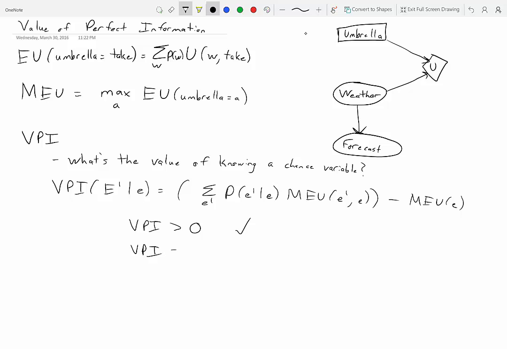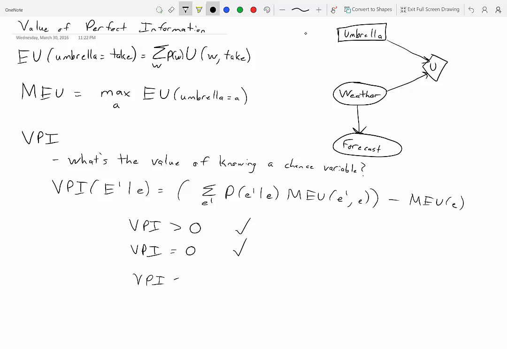Can the VPI be 0? Well, if the new variable is totally unrelated, let's say I'm trying to decide whether to bring my umbrella or not, and someone tells me, oh, this team won a baseball game. That has nothing to do with it. So the value of finding out that the baseball team won tells me no information, so I get 0. That's good.